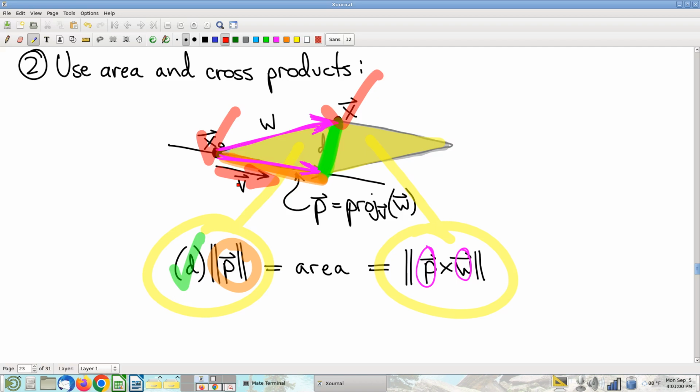Is there a situation where one method would be better than the other? That's a good question. I suppose you might get lucky with the geometry with one of them. Like, maybe if for whatever reason this is a right angle, then that makes the cross product easy to compute, maybe.